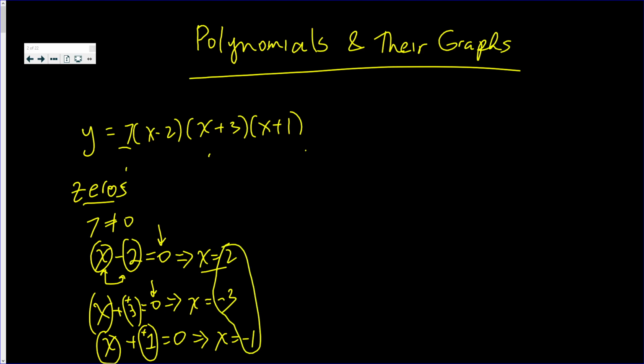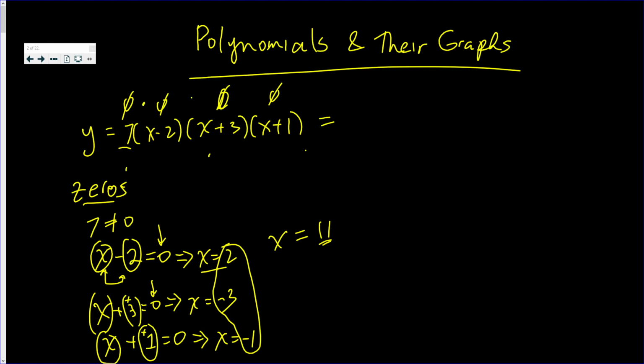Now, no other 0 would work. Like x equals 11. 7 is not 0. 11 minus 2 is not 0. 11 plus 3 is 14. That's not 0. 11 plus 1 is 12. That's not 0.